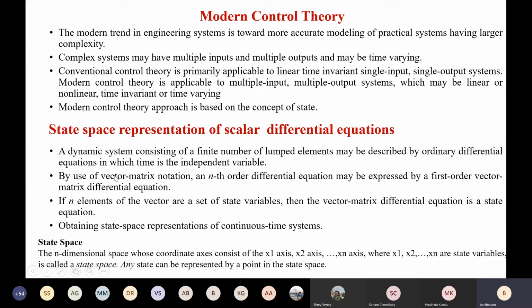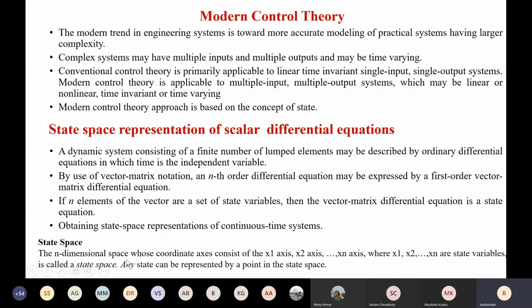In the next slide, with the help of examples, we will illustrate that. Here I have just written the text. If the n elements of the vector are a set of state variables, then the vector matrix differential equation is a state equation, and we have to obtain the state space representation of a continuous time system. And what is this state space?